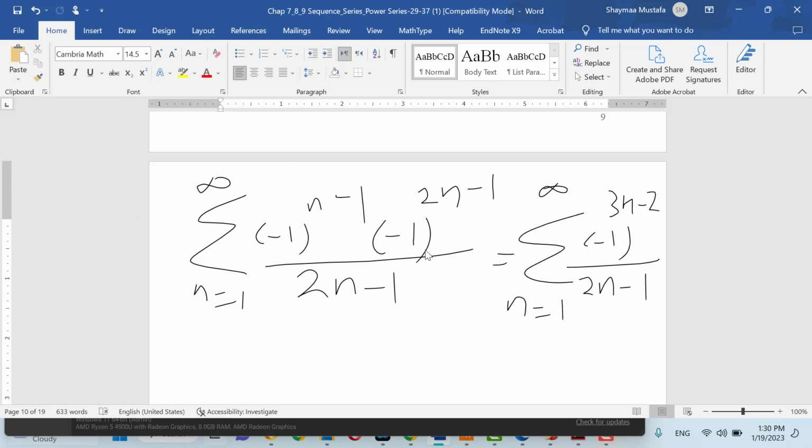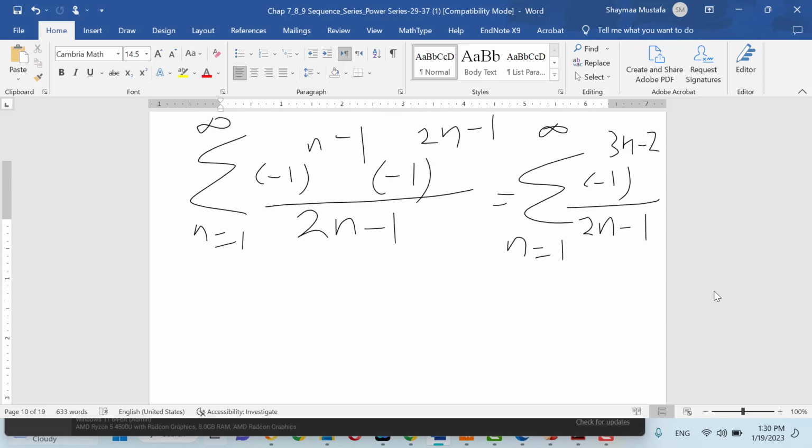So if we check this series at n equal to 1, substitute n equal to 1 here. So 3 times 1 is 3, minus 2 is 1. So minus 1 to the power 1 is minus 1, over, when n equal to 1, 2 minus 1 is 1. So minus 1. Now when n equal 2, we have 3 times 2, 6, minus 2, 4.